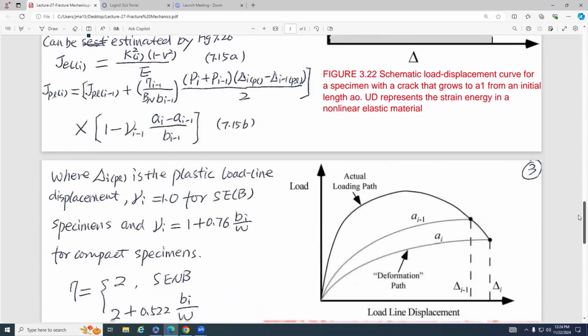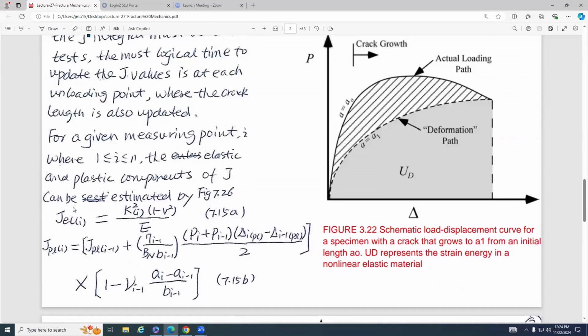Suppose this is a_i, you have this curve, and this is a_(i-1), you have this curve. So you can see J elastic for the i iteration, for the i point, equals K_i squared, for the i iteration, i step, times (1 minus nu squared) over E.